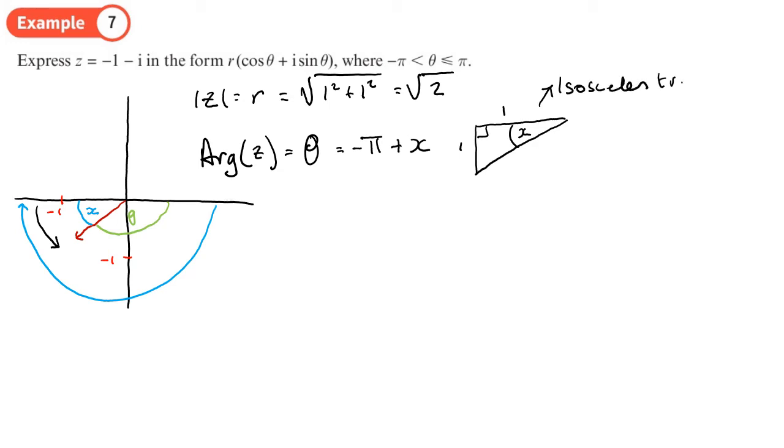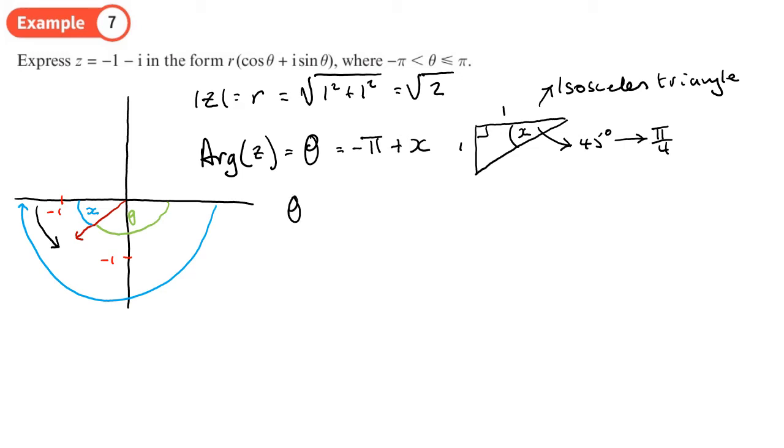If it's an isosceles triangle, the two base angles are the same. That means x is 45 degrees. But since we're working in radians, that's pi over 4. So I didn't even need a calculator. You might recognise that fact. If you did the tan inverse of 1 over 1, you would get pi over 4, or a quarter pi, the same thing.